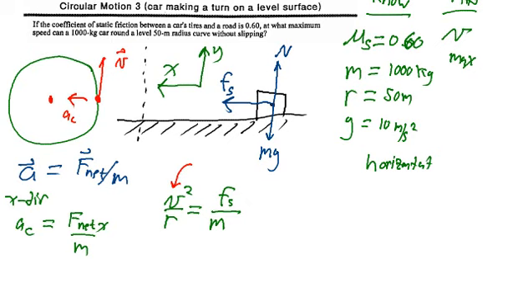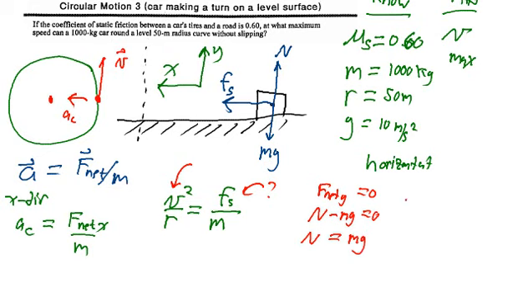And so in order to do that, I need to figure out what is the size of the frictional force. Alright, so in the vertical direction, this car is at rest, so the net force in the y direction equals 0. So that means that the normal force minus the weight equals 0, and the normal force equals the weight.